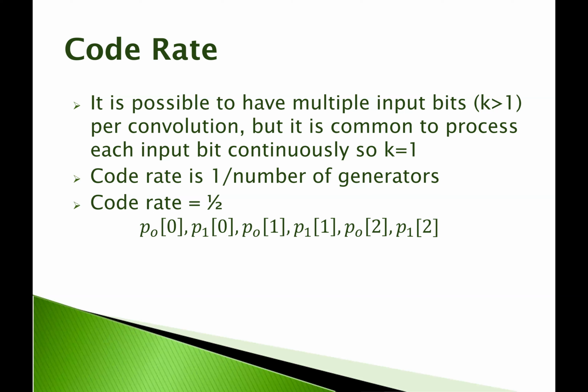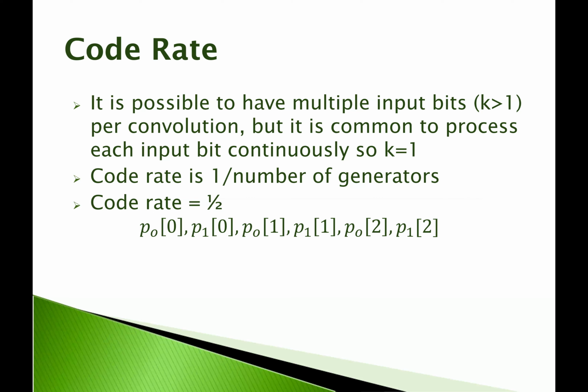If i ranges up to 2, then we'll have a code rate of 1/2. If we have 3 different generators, we'll have a code rate of 1/3 and so on. As you might expect, typically the more generators we have, the lower the code rate, the more powerful the code. But of course, it takes more time to send that.